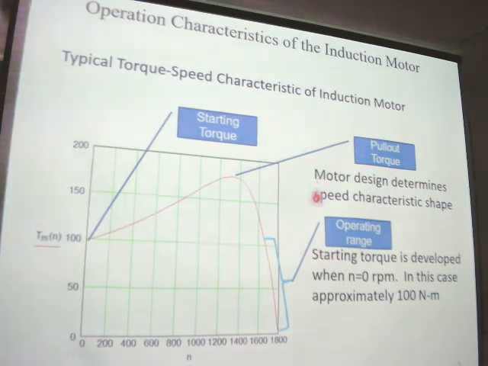And the operating range. The motor usually works at this position, where the rotor speed is nearly the synchronous speed. So it works at this position, and the slip is about 5% here.